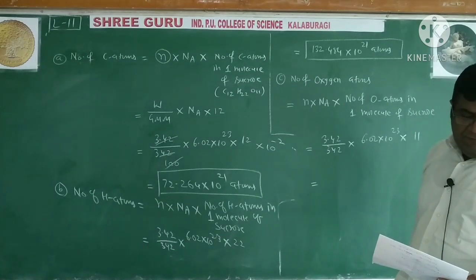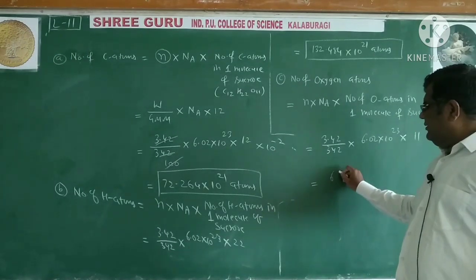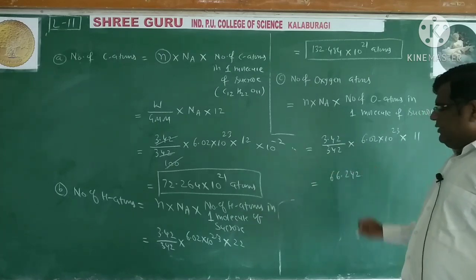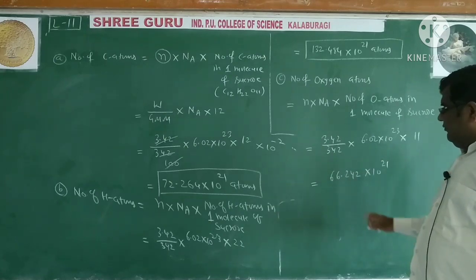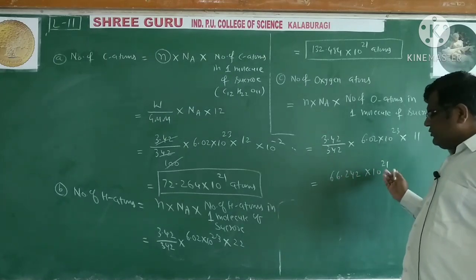So you can just simplify this, and now we get 66.242 into 10 raised to 21. If you have written 6.624 into 10 raised to 22, that is also okay.